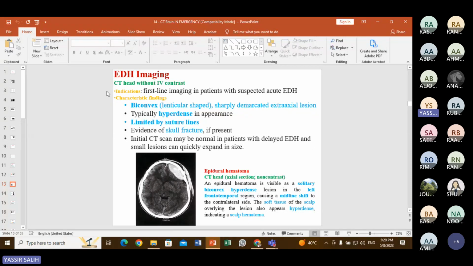The features of the hematoma: biconvex, which is lenticular in shape like a lens, sharply demarcated, and extra-axial. It is not intra-axial; it is not into the brain parenchyma.